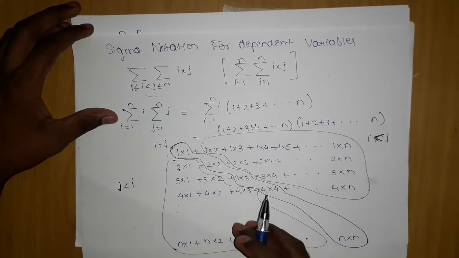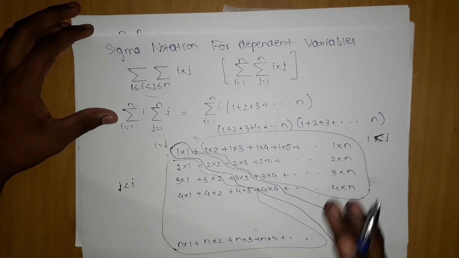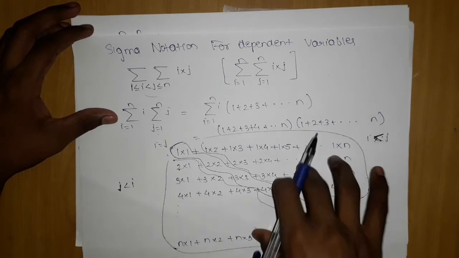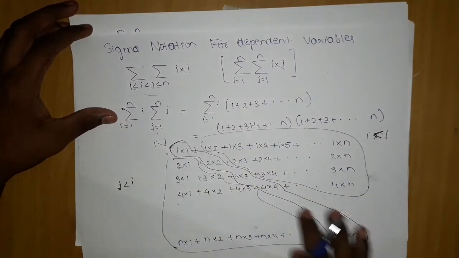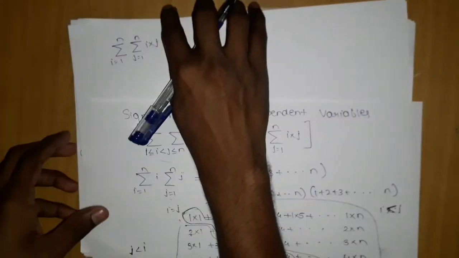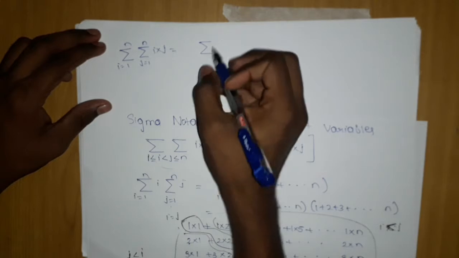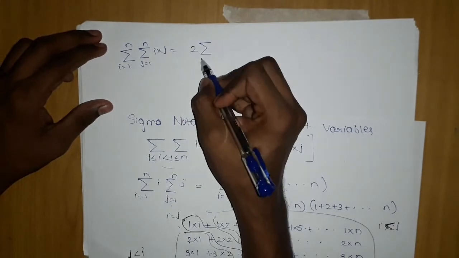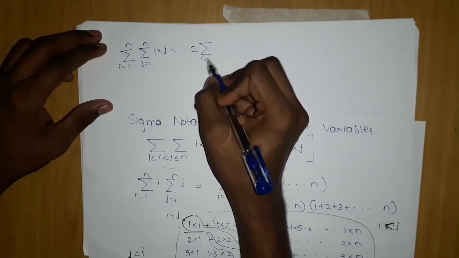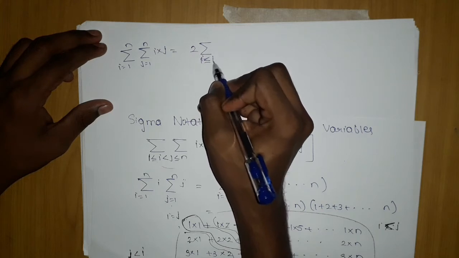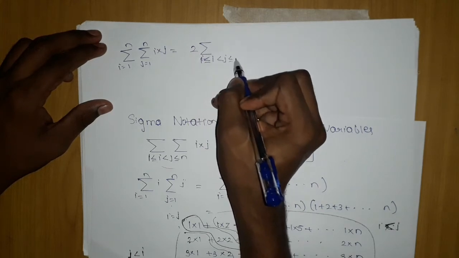That is important. So we can add them, so it will be twice this plus this diagonal. Writing the diagonal is also an important task, so 2 into the summation with 1 less than or equal to i, j less than or equal to n.